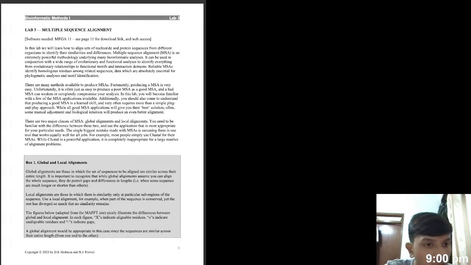So there are progressive multiple sequence alignment methods that use profiles, and one of these that we'll talk about today is ClustalW.